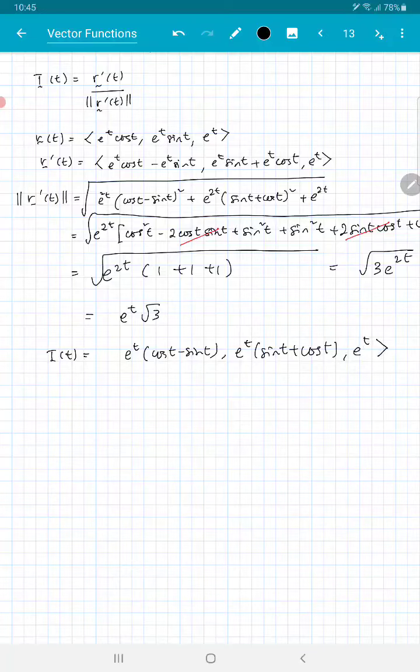Then we divide this by its magnitude, which is e^t times the square root of 3.